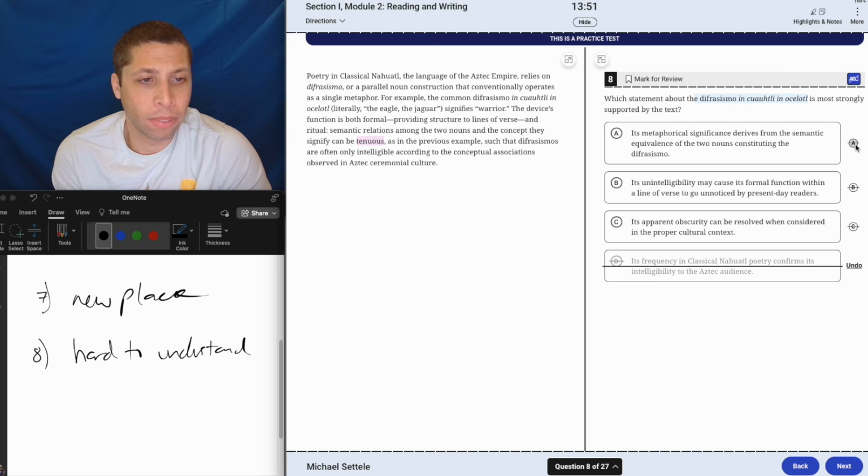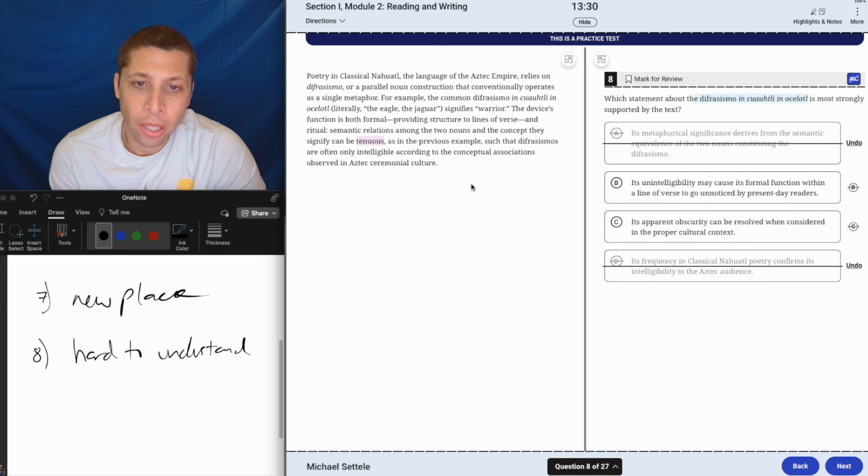Yeah, they're not equivalent. It's unintelligible to cause its formal function within the line of verse to go unnoticed. Well, I mean, the formal function is just to provide structure. So whether I understand it, I understand the structure. So that doesn't seem right. Its apparent obscurity can be resolved when considered in the proper, yeah, right? If you understood the culture, it wouldn't be that, yeah. I mean, I think this is hard, but I think that makes sense.